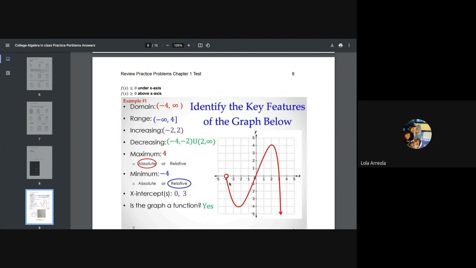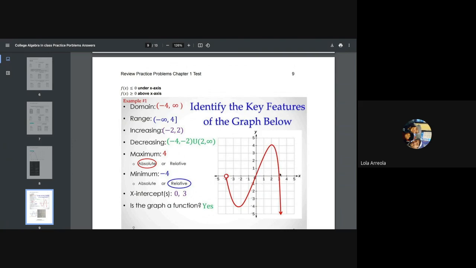Where is my graph underneath the x-axis? From -4 to 0. Then where else? From 3 to infinity. You see that? Where's my graph above the x-axis, f of x bigger than or equal to 0?